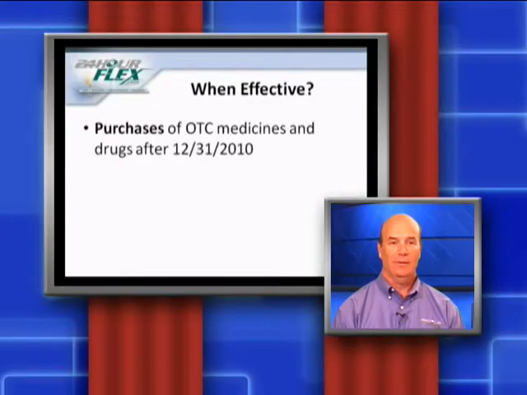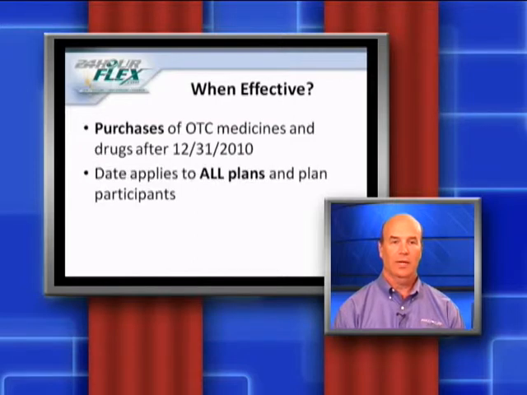When is this effective? It's effective with purchases of over-the-counter medicines and drugs that are made after December 31st, 2010. Note this date applies to all plans and all plan participants. It does not matter if your plan began July 1st, midway through your plan year, now over-the-counter medicines and drugs are ineligible effective January 1st.